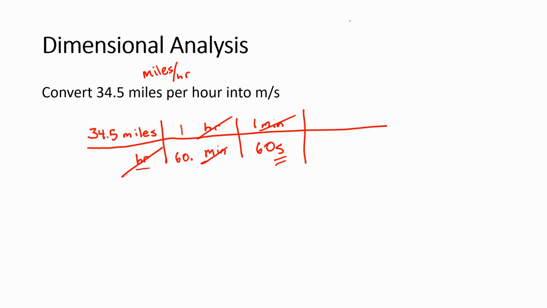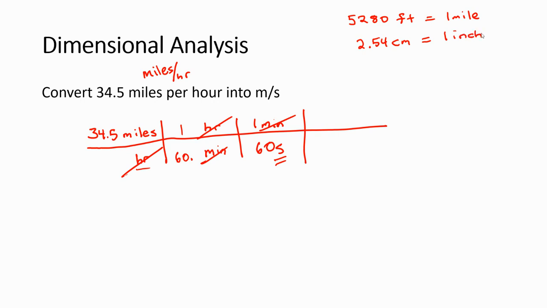Number one is there are 5,280 feet in 1 mile. The second conversion that I would be likely to give you is that there are 2.54 centimeters for every 1 inch.